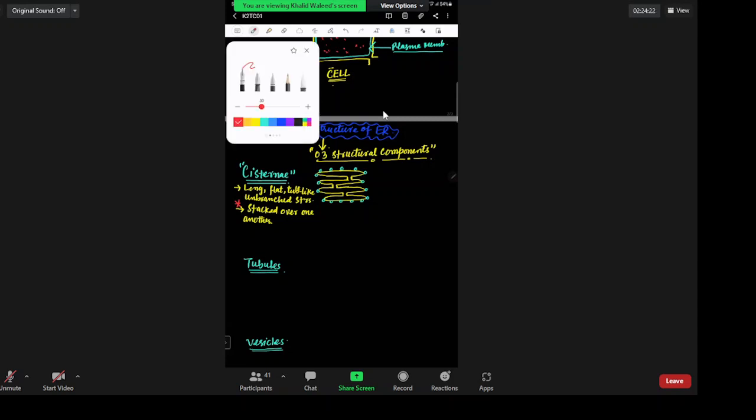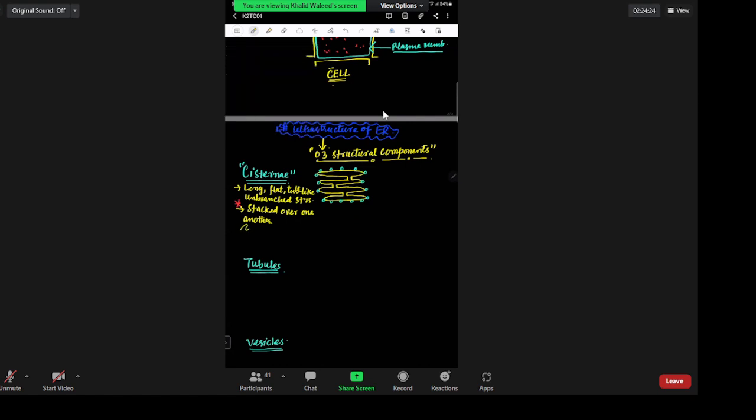Number three, these cisternae are continuous with the outer membrane of nuclear or nucleus. सिस्टरने के बारे में तीन इंपॉर्टेंट इंफॉर्मेशन. दूसरा वाला इंफॉर्मेशन सबसे ज्यादा इंपॉर्टेंट. पहला, they are long, flat, tube-like, unbranched structures. येलो शेड्स आपको दिख रहे हैं.